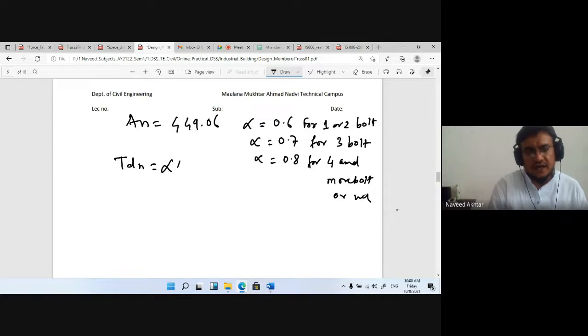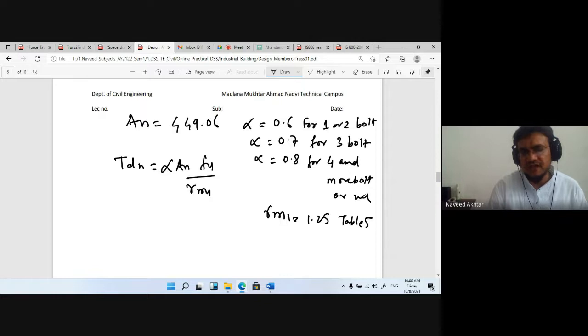So TDN is alpha AN Fu upon gamma M1, and gamma M1 is 1.25 from Table 5 of the IS code.